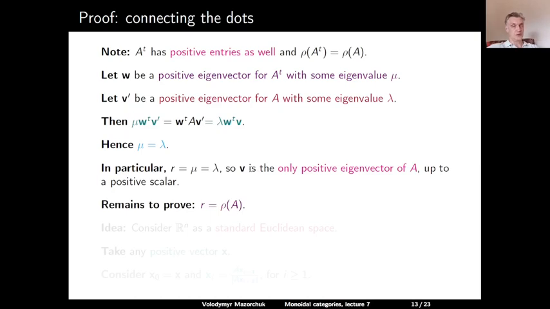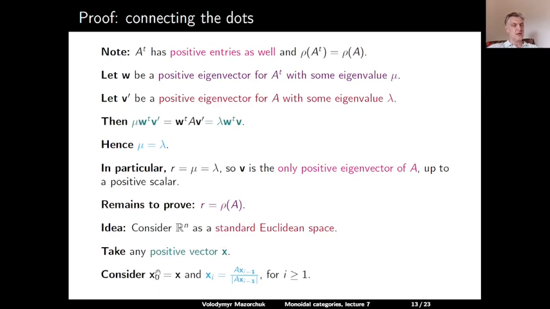And in order to prove the Perron-Frobenius theorem, it remains to prove that our eigenvalue R is equal to the spectral radius of A. So here is how we're going to do this. Let us consider our space R^n as a standard Euclidean space. Take any positive vector x and consider the following sequence. We start from x, denoted by x0, and then define xi as A applied to xi minus 1 divided by the length of A applied to xi minus 1 for all i greater than or equal to 1.